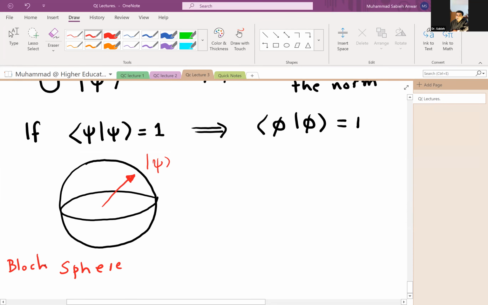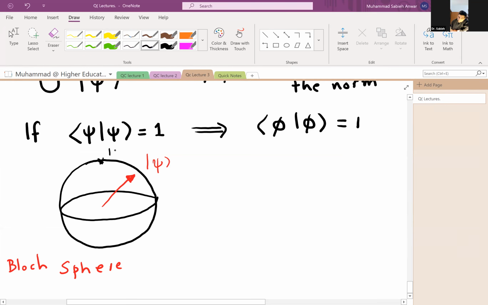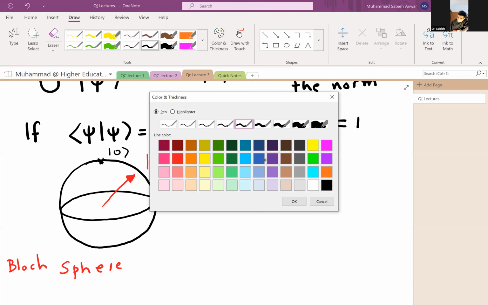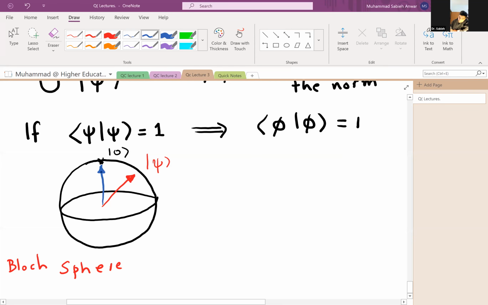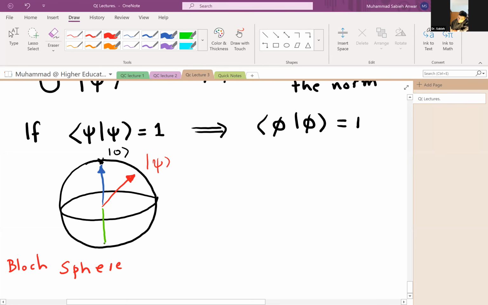Now let's take the example of a quantum NOT gate. What a quantum NOT gate does is that it takes a state which is on ket 0, this state, and transforms it to the opposite side of the Bloch sphere, right? It takes it to ket 1.